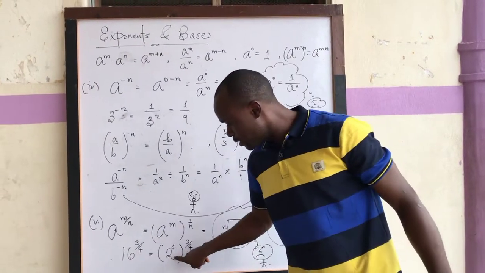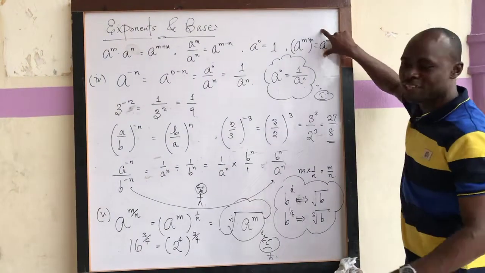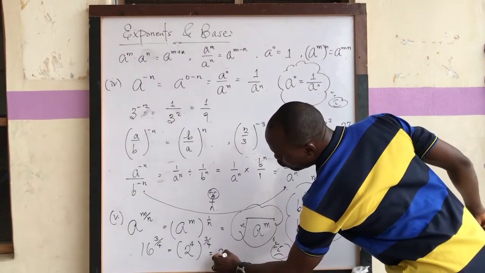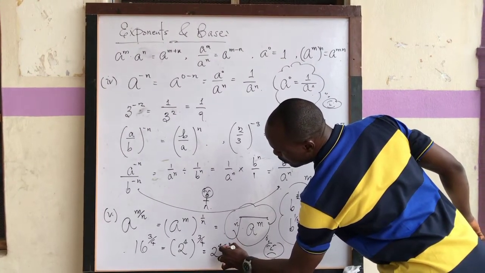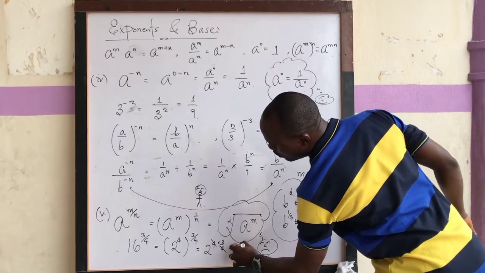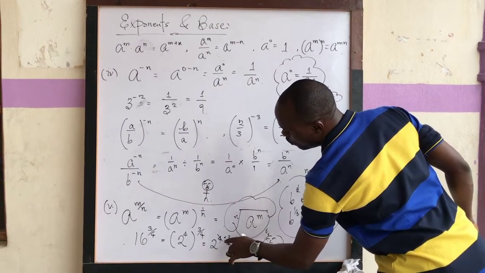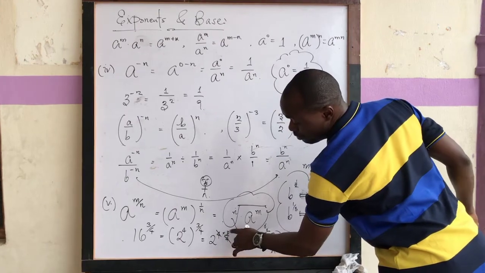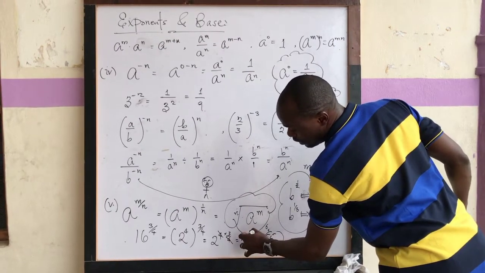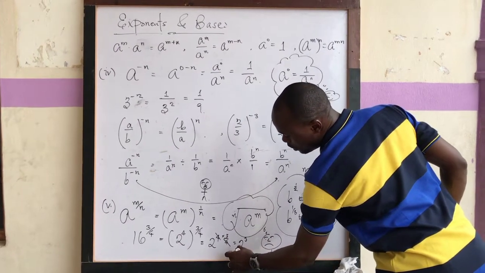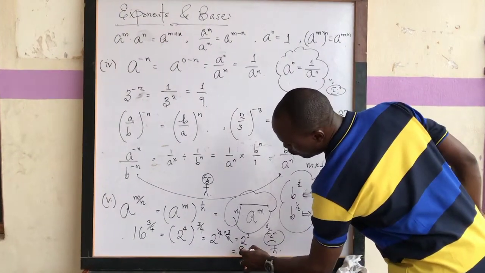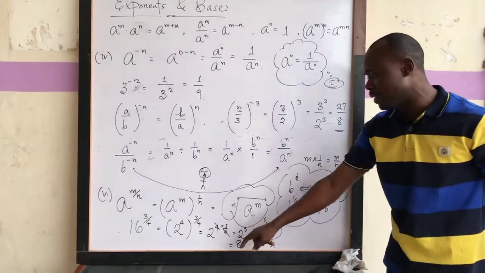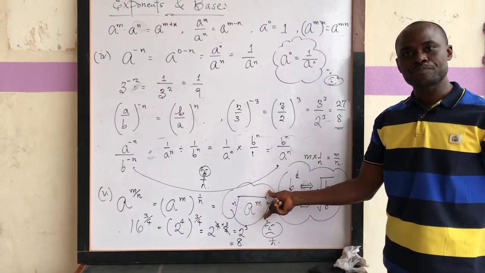So I can write 16 as this, and I can now apply this rule to give me 2 raised to the power of 4 times 3 over 4. And this 4 will cancel this 4, or we can say 4 times 3 is 12, over 4, that is 3. You can see that 2 raised to the power of 3 is the same thing as 8. So this is another method you can apply rather than following this route.